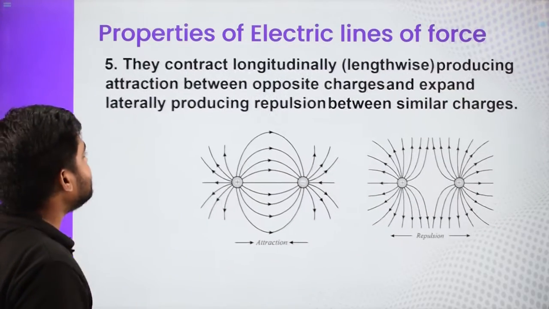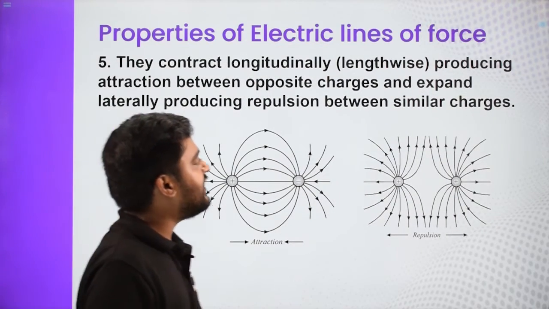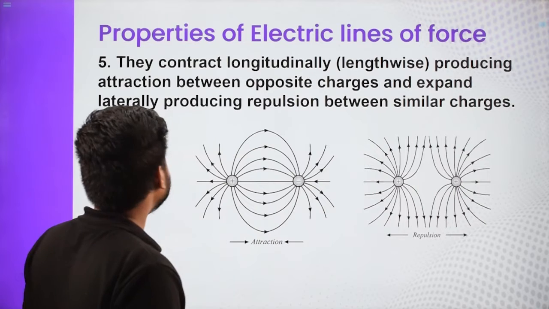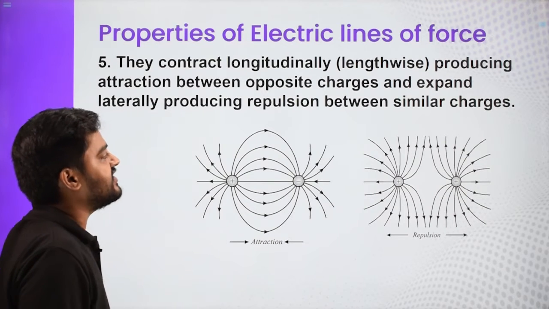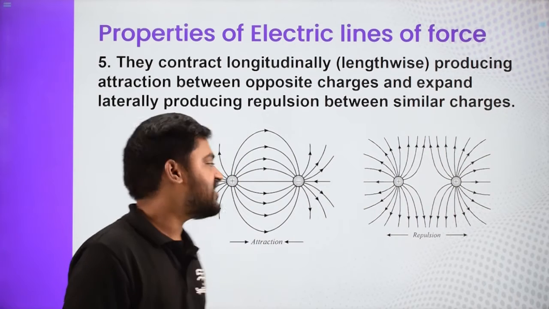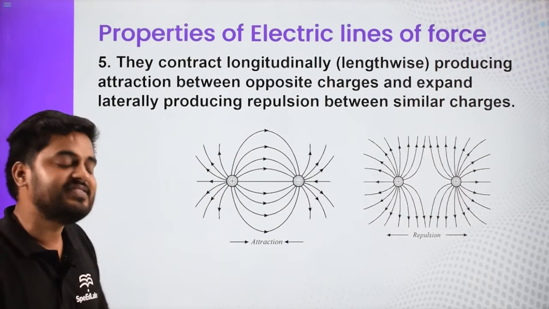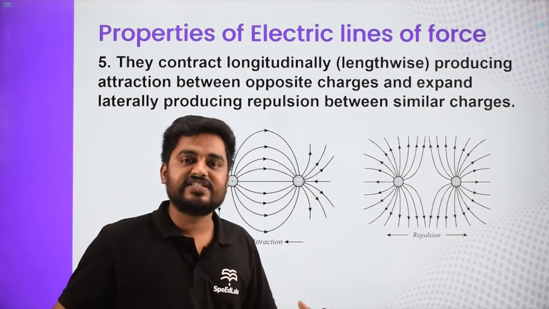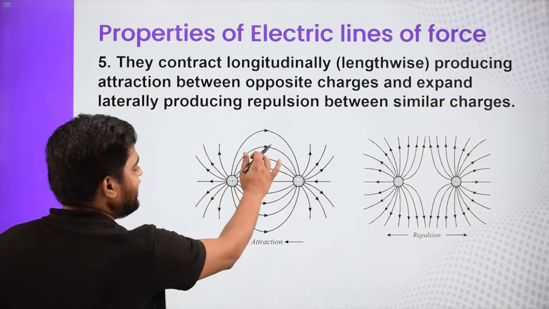Now the next property is they contract longitudinally, that is lengthwise, producing attraction between opposite charges, and expand laterally, producing repulsion between similar charges. So field lines kind of behave as elastic strings which have been stretched and are trying to compress.